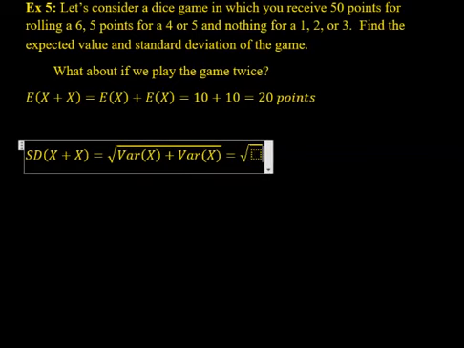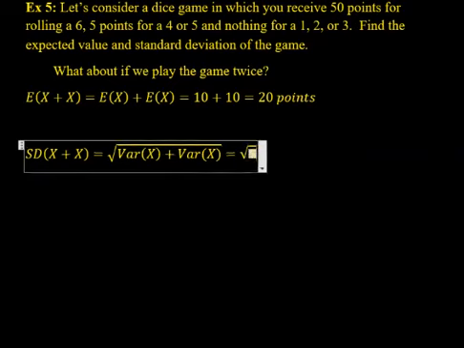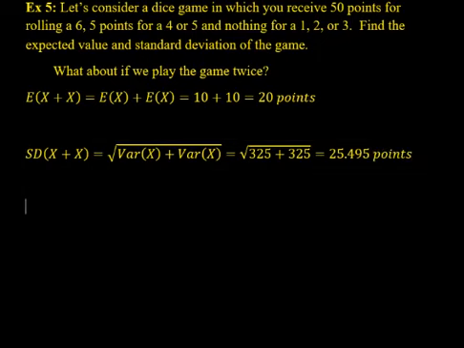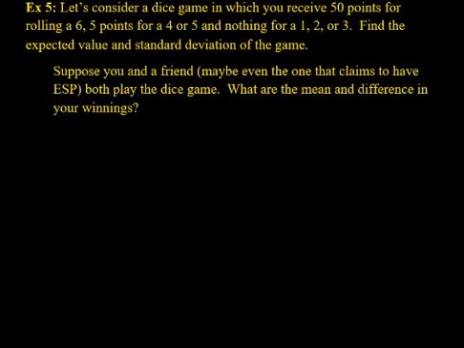The variance is actually 325 for x, and we're doing it twice. So the square root of 325 plus 325, which is going to equal 25.495 points. So if you noticed, playing it twice actually lowers the standard deviation versus doubling the points. So there's less variation when you play it over and over again.